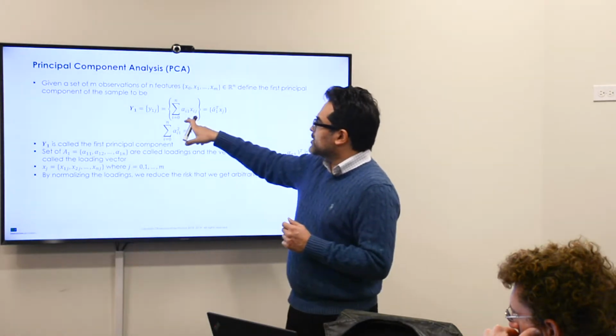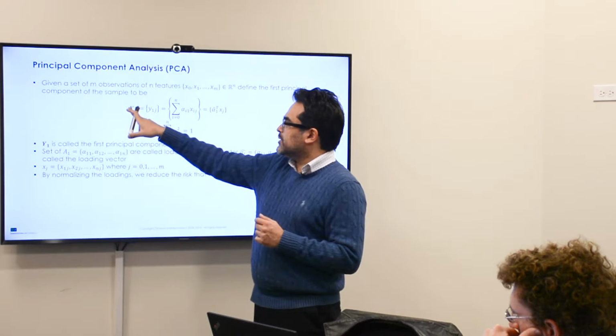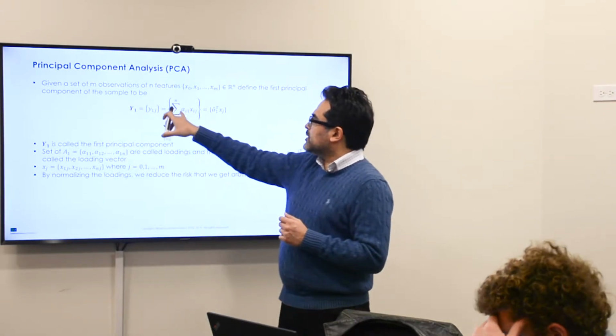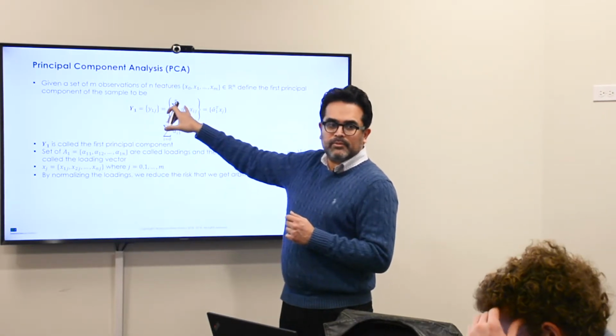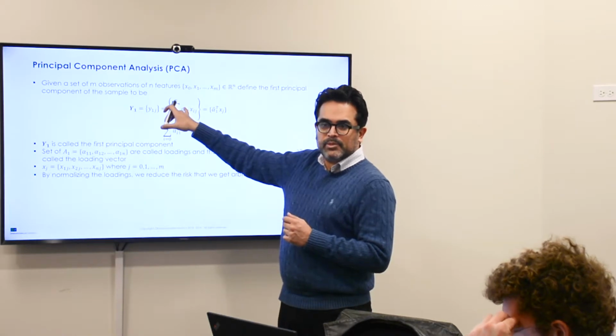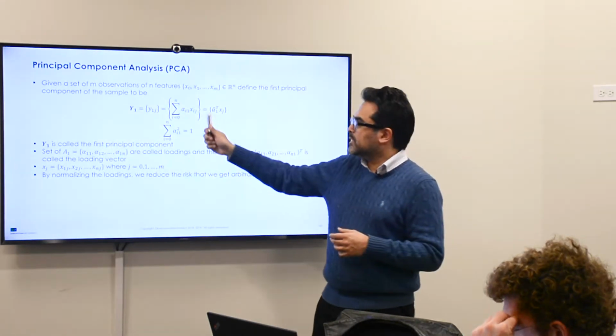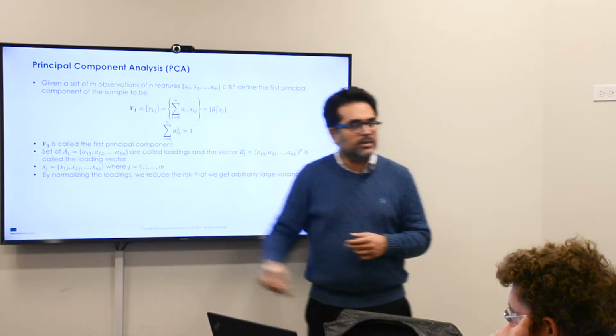So the loading vectors are basically, this is your first principal vector, and you want to calculate what that loading value is. In other words, what is the loading vector that will actually get you the principal component?